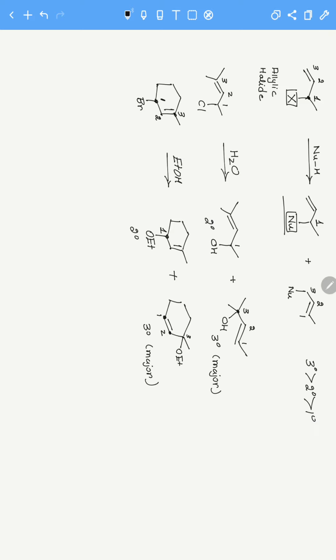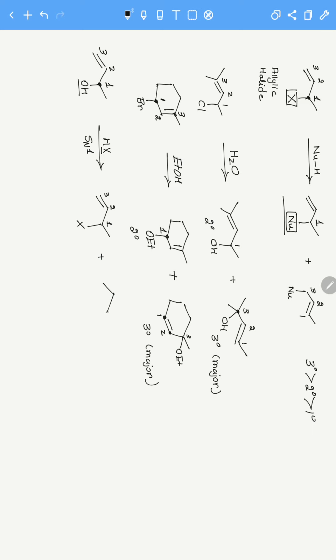Now the same solving strategy can be used for reactions of allylic alcohols with HX, which also follow SN1 mechanism. So we will number the allylic carbon as carbon number 1, then those two will be 2 and 3, and then the first product will be obtained by just replacing OH by X, so no change in the carbon skeleton.